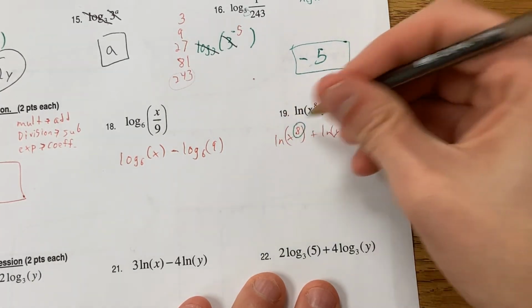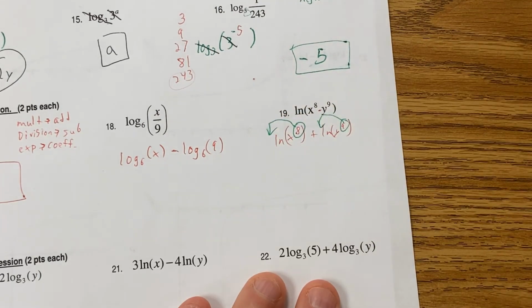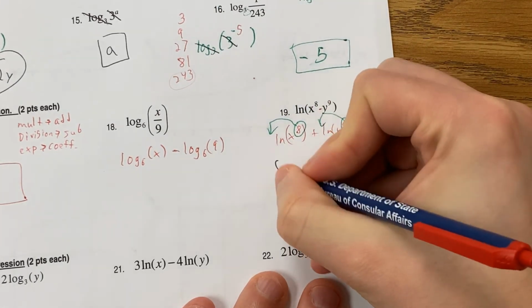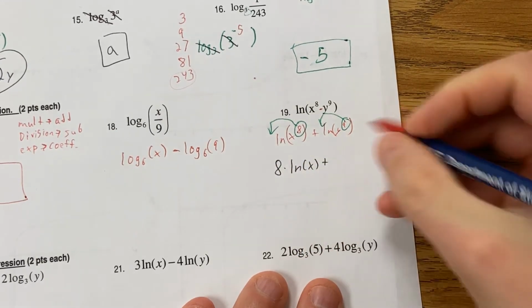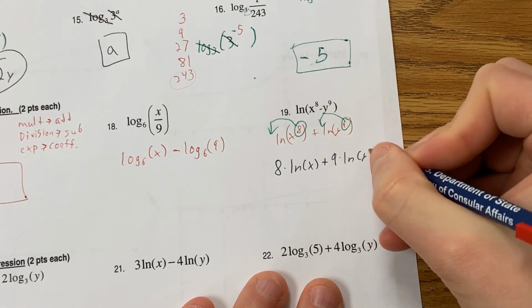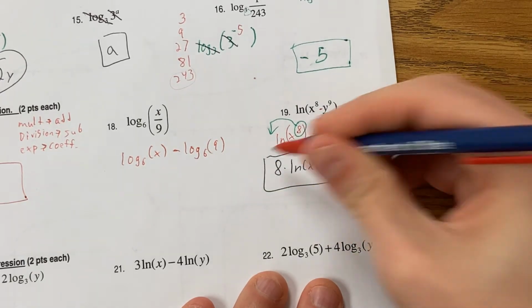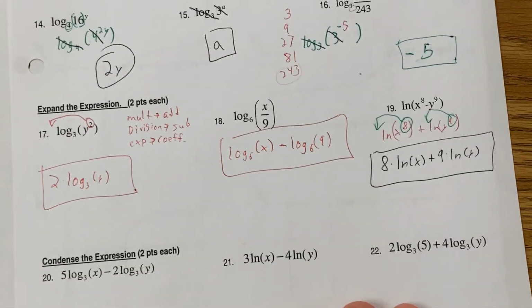But these also have exponents, and the exponents can go in front. So your final answer would be 8 times the natural log of x plus 9 times the natural log of y. Like that. And that is expanding.